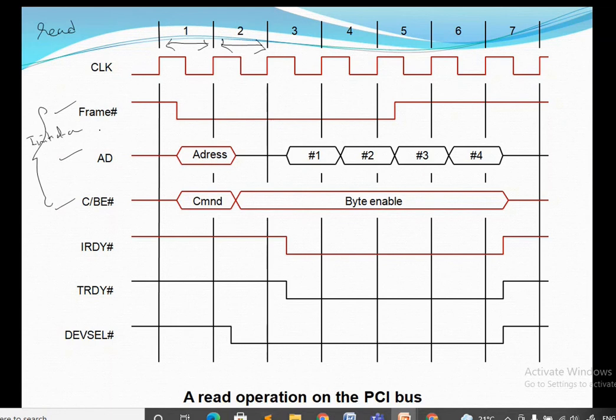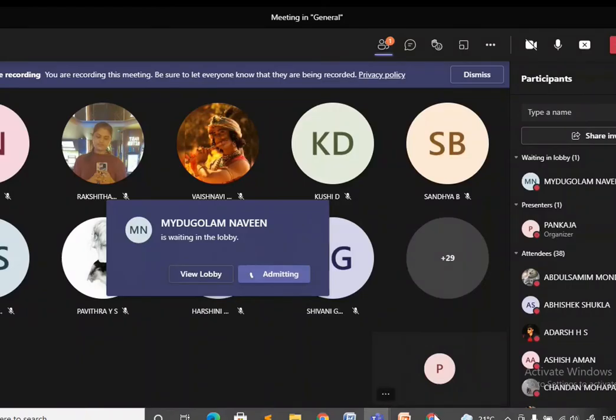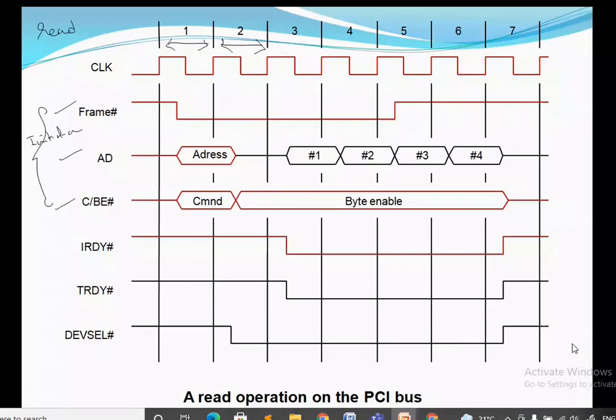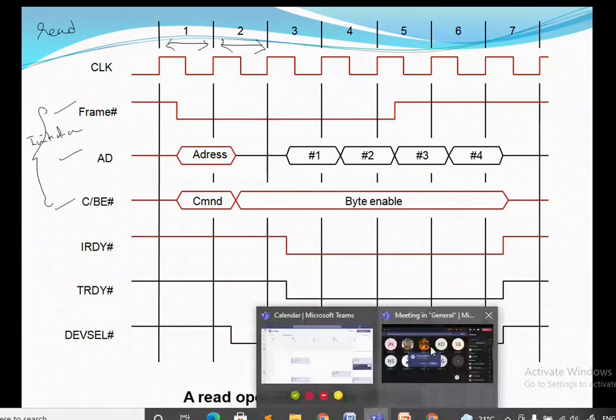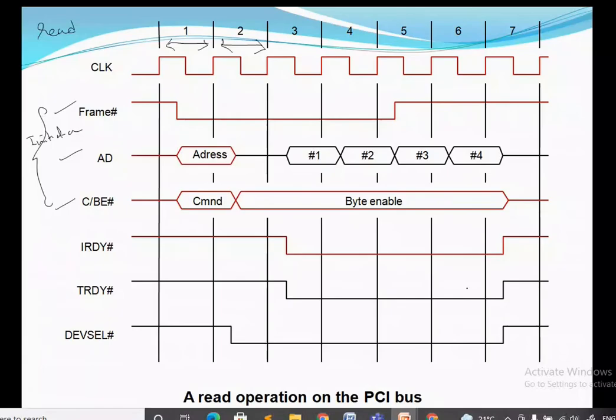Next, during clock cycle 2, what happened? Clock cycle 2 is used to turn around the address bus line, and the processor removes the address and disconnects its drive from the address line.